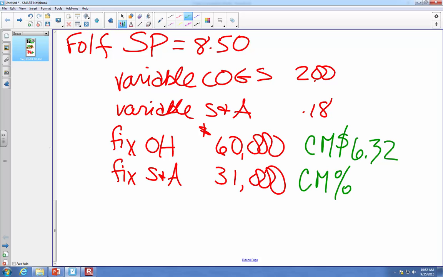Therefore, the percentage of my selling price that goes towards covering my fixed costs equals what? 74.4%.